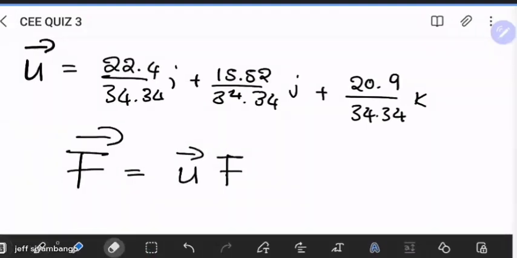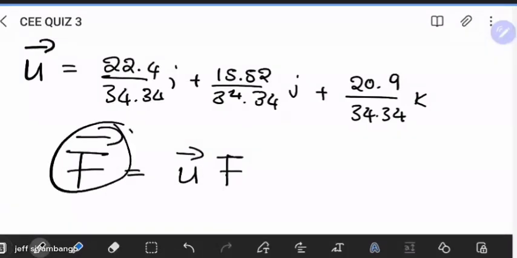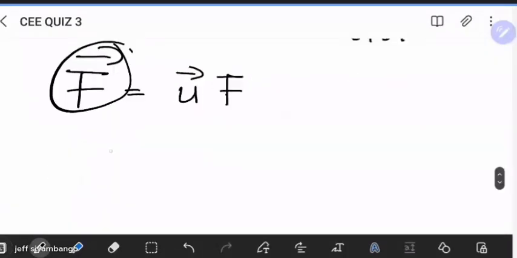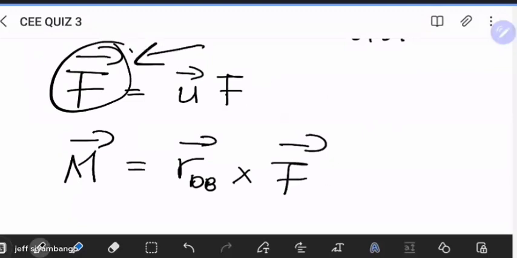I've already done everything, that's why here I am now just describing what you need to do. So this will give you the force as a vector. Once you get the force as a vector, you can now get the moment by cross product. I remember we got it was from D to B. Now cross the force that we have found from here. This will give you the moment M.